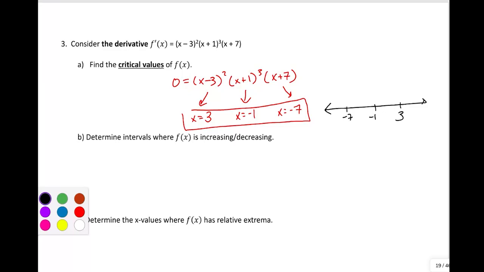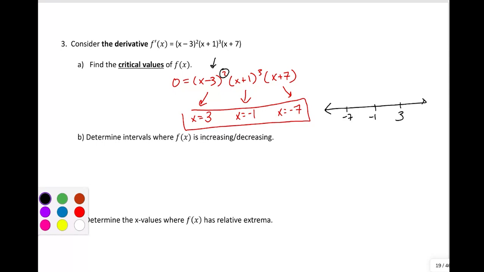So plug in a number like -10. Now, this first binomial is squared, so that will never be negative. Unless we're dealing with complex numbers, which we are not. We're only dealing with real numbers today, or really the whole year. Anytime you square a real number, it will not be negative. So you don't really need to worry too much about that first binomial.